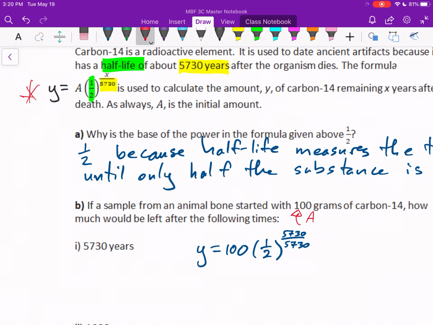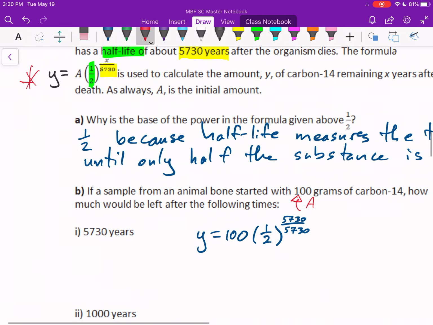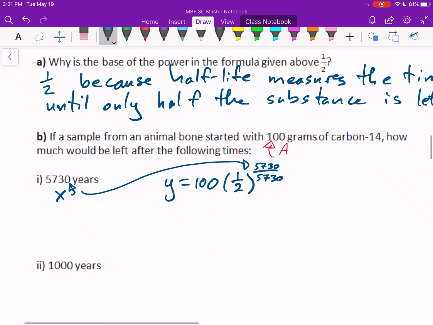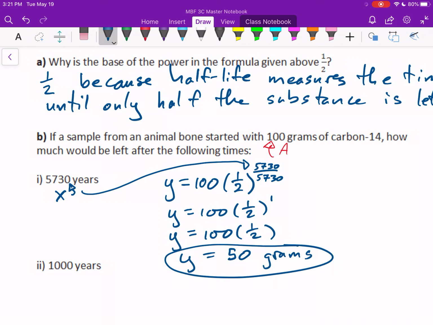This top 5,730 is our x value, which goes right here. Well, anything over itself equals 1. So y equals 100 times 1/2 to the exponent 1. Anything to the exponent 1 just equals itself, so 100 times a half equals 50, and as predicted, there are 50 grams left because 5730 is the half-life of carbon-14.